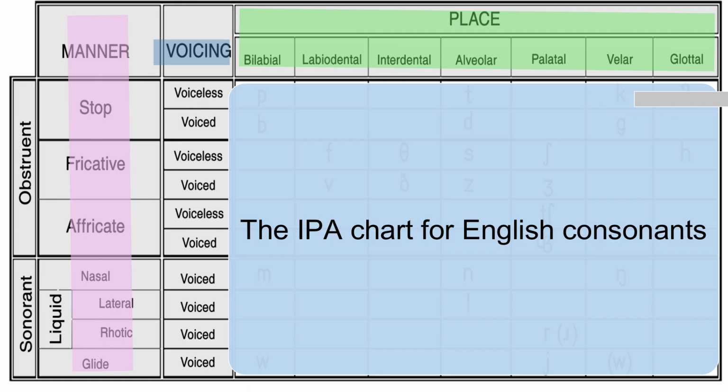The manners of articulation are placed on the rows. Roughly speaking, the rows are arranged from the most amount of mouth closure to the least amount of mouth closure, from stops to glides, also called semivowels. Most obstruent consonants, which are sounds that are produced with some obstruction of airflow momentarily or continuously, are paired as voiceless and voiced.